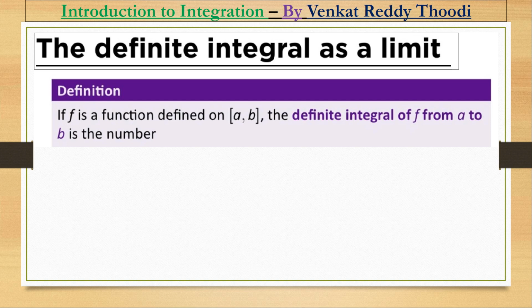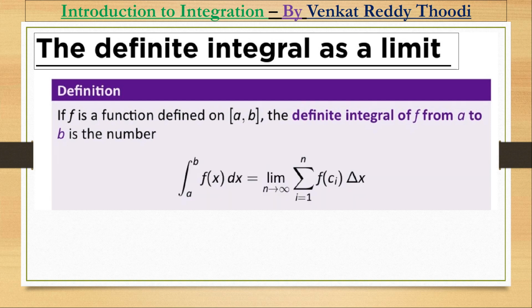In definite integration, the two limits are definitely considered. The definite integral of f from a to b is a number, because when you apply the limits, automatically you will get a quantity. That is why we said the definite integration will give us a quantity.